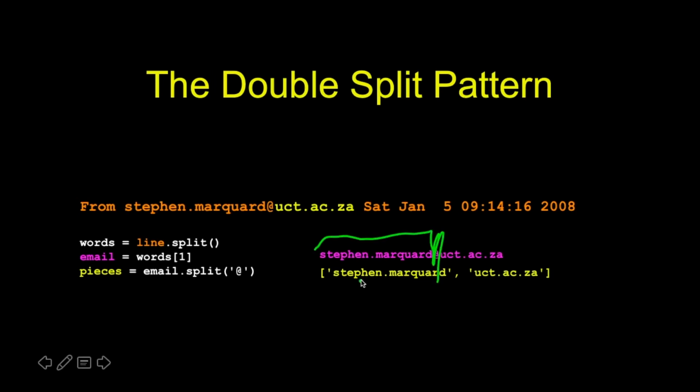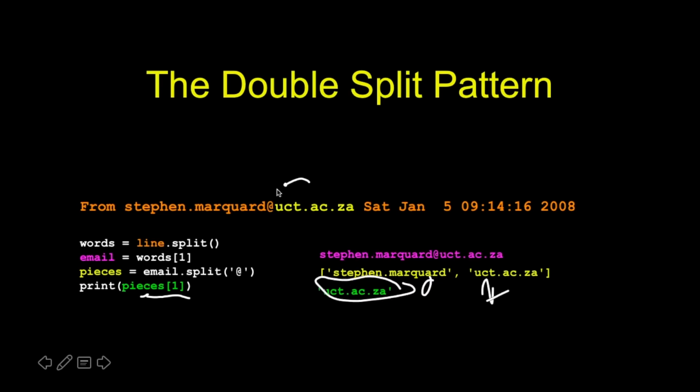So we get a new set of pieces. The first part is the person's name, and the second part is the host name that their email is hosted on. And we just happen to know that this is the 0 item and this is the 1 item, so we can get at that.